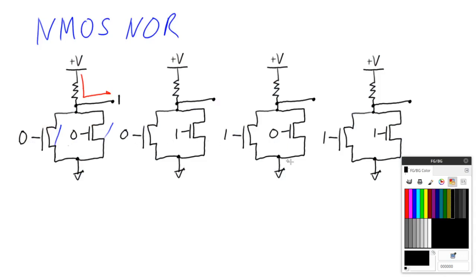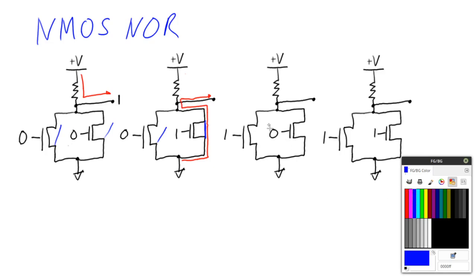Now if we have a 0 and a 1, that means this guy's open, but this guy here is closed. So really, this ground has two paths that it could get to its output. And so it's kind of a little goofy, but that's what we end up with, because this is a much stronger connection to ground than this connection is to 5 volts because of the resistance there.